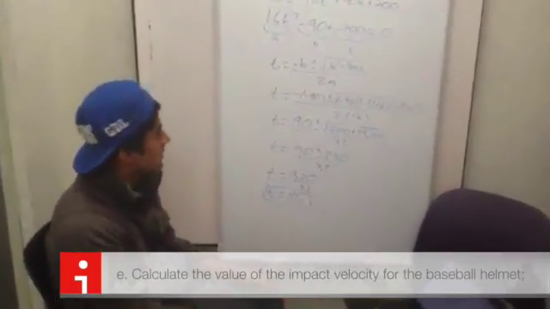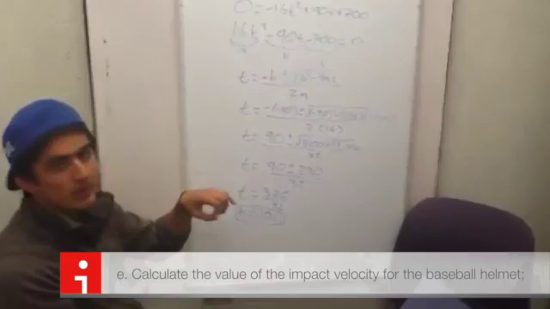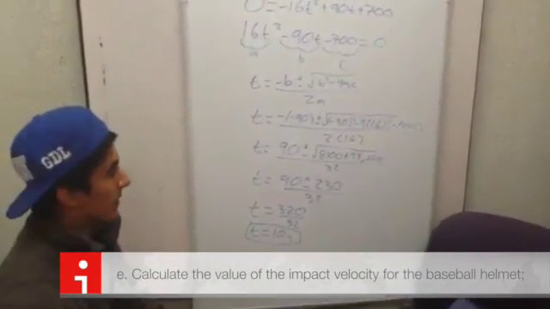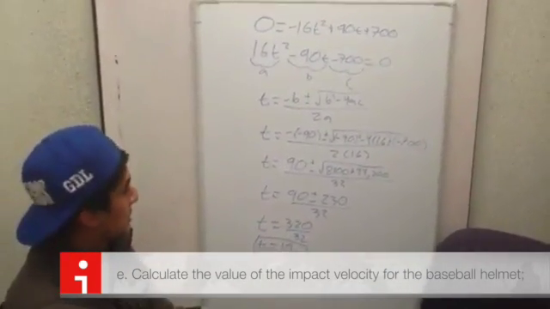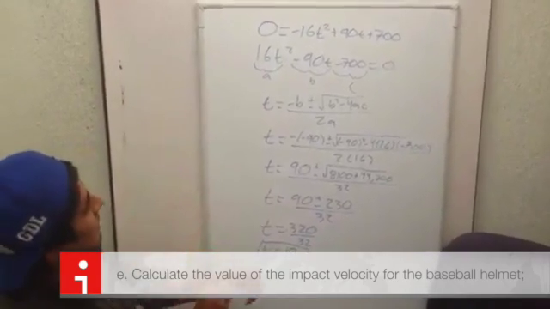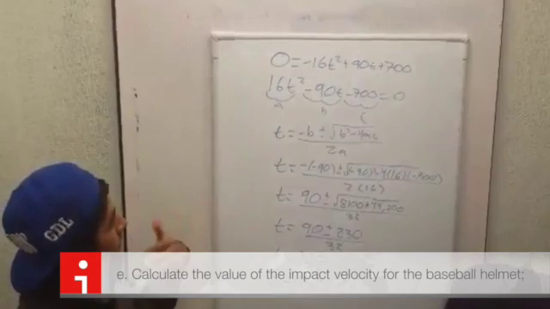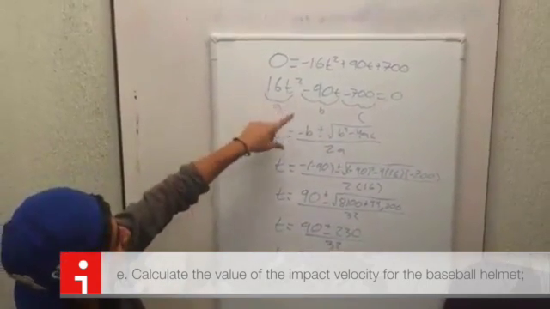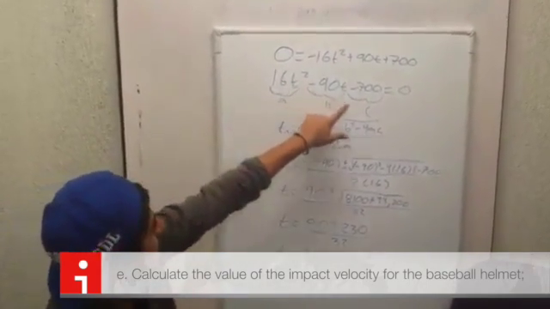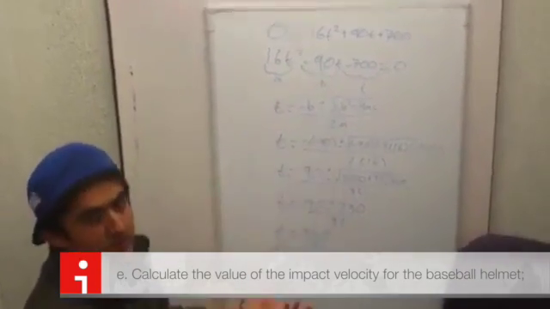Now the project asks us what the velocity of impact is when the helmet reaches 0 feet, the minimum position. So we take the position equation and set it equal to 0. Now we have to use the quadratic formula, because we cannot solve it in other ways.